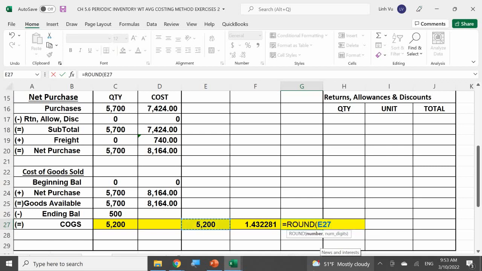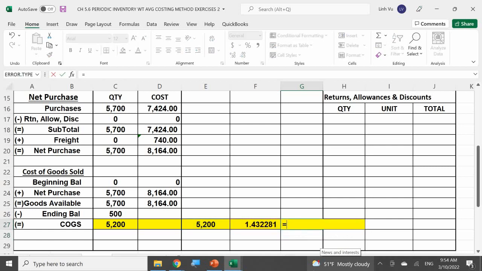In this case, I'll do the equal round formula. So what is going to be my total cost of goods sold if I sold 5,200 units at $1.432281? 5,636.